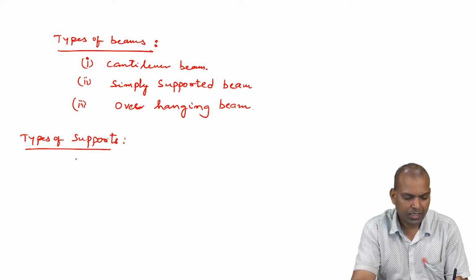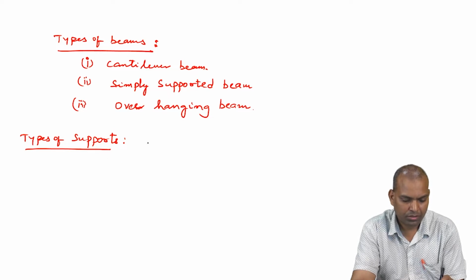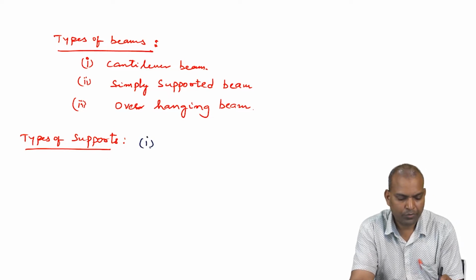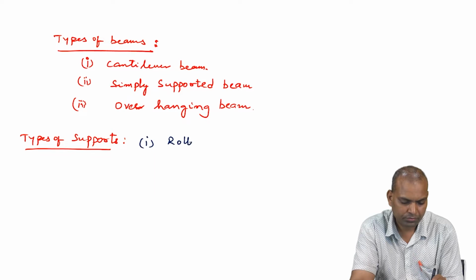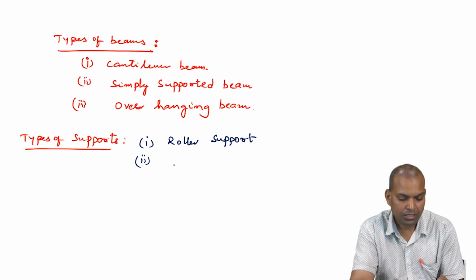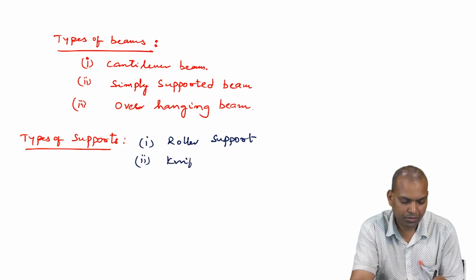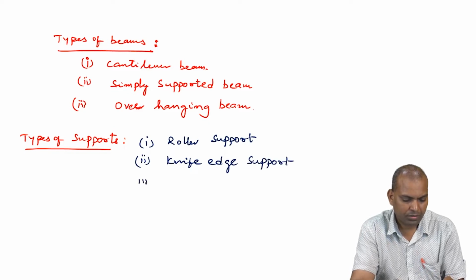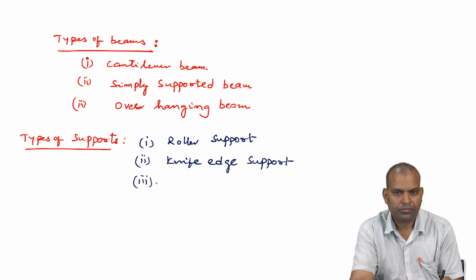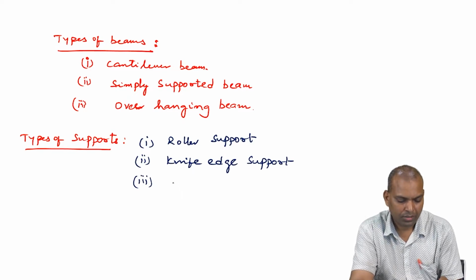Now, in the types of supports, number one is the roller support. The second case is the knife edge support. The third one is the hinged support.